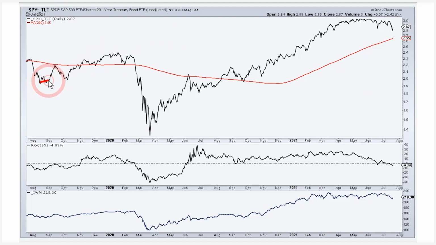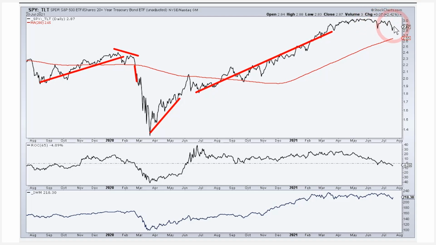So we can see here that stocks outperform treasuries from August 2019 until January 2020, and then started underperforming into February, and then there's the COVID crash starting in late February, early March, as stocks underperformed bonds or treasury bonds outperformed stocks. And we can see that since this bounce in March, that stocks have outperformed treasury bonds, but we're starting to see this roll over, and stocks, SPY, is starting to underperform TLT.